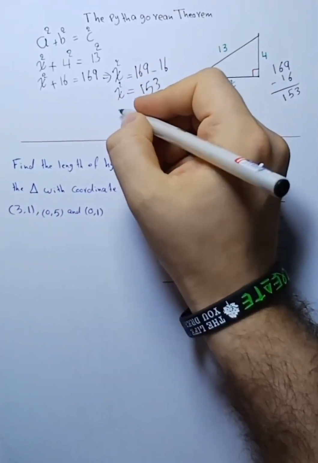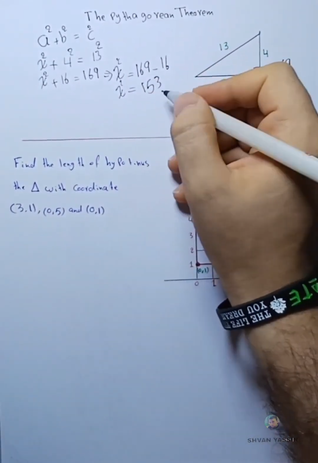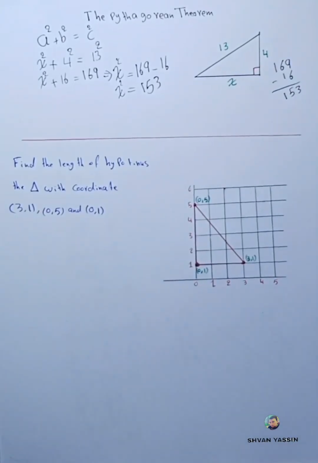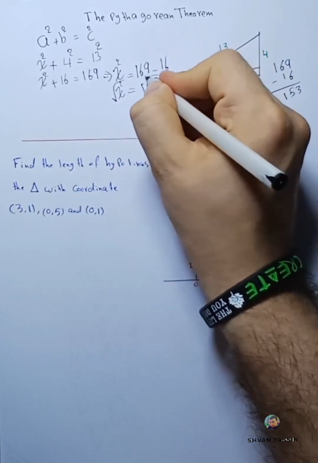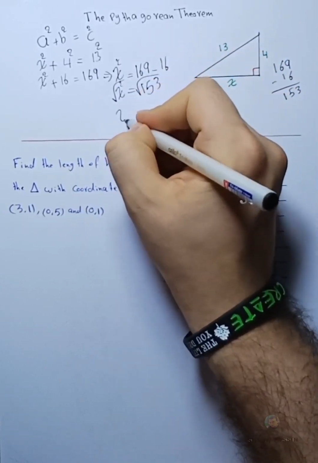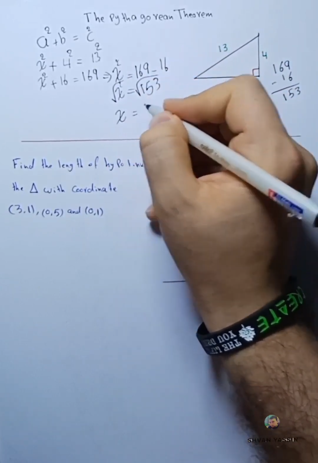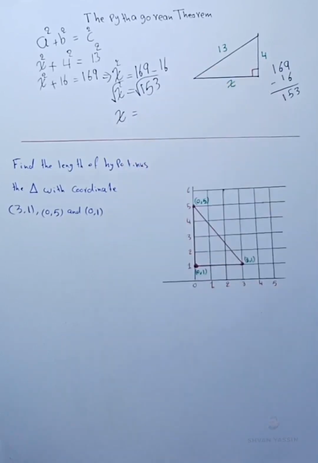After that, for x, we have to take the square root for both sides. x squared becomes x, and 153 is close to 12 times 12 and 13 times 13.